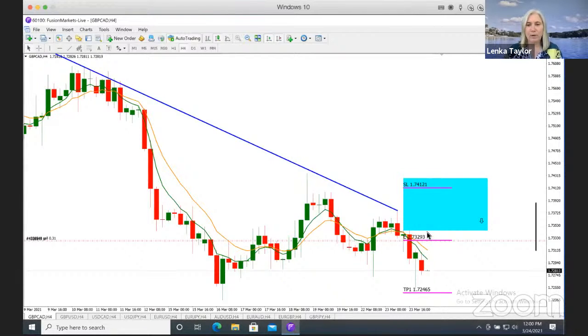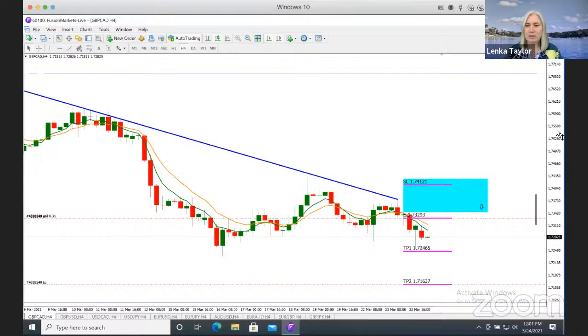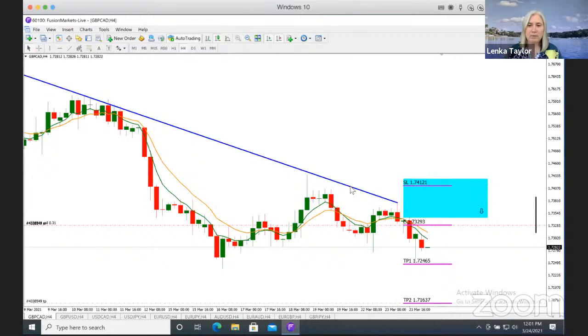If you were following on the Telegram group, you would have got that information. And I have this morning moved the stop loss to break even. So now just waiting for that trade to play out. Already risk off the table. So yeah, let's see what happens with that.